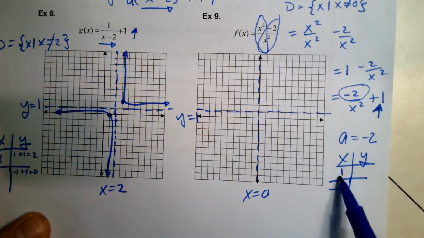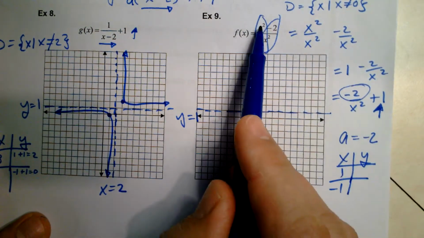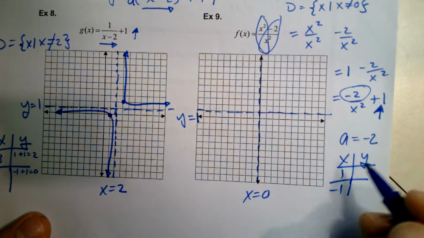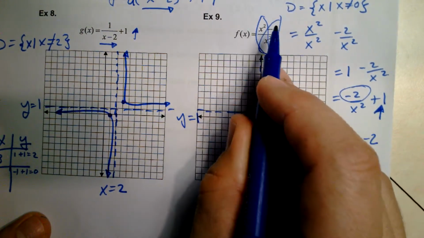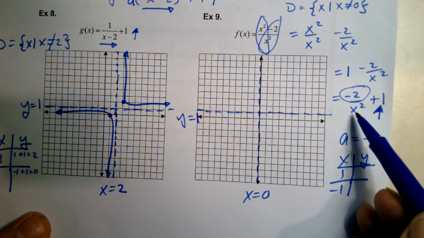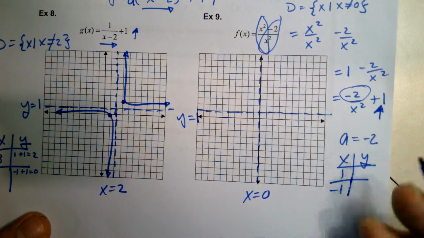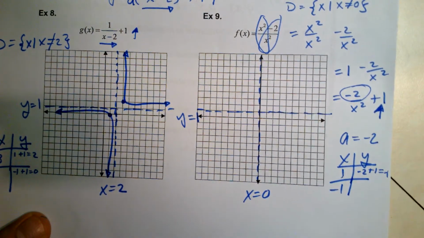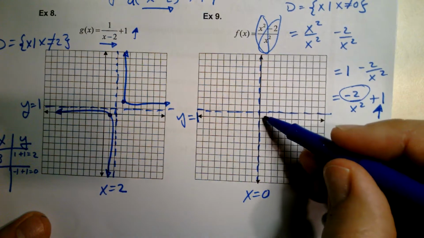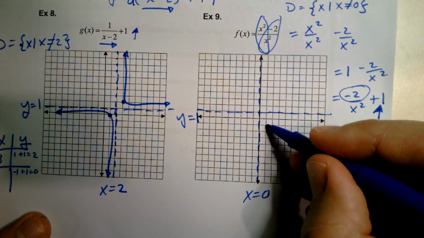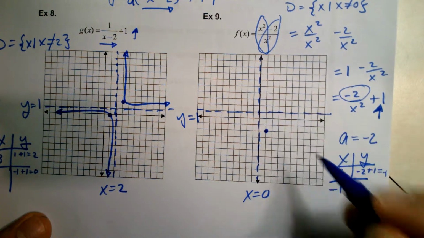So if I plug in 1, you can plug it in here, wherever you want, okay? So if I plug in 1 squared right here, 1 squared is 1, -2 over 1 is -2, plus 1 is -1. So when I go over 1, I go down 2. 1, 2, right there.